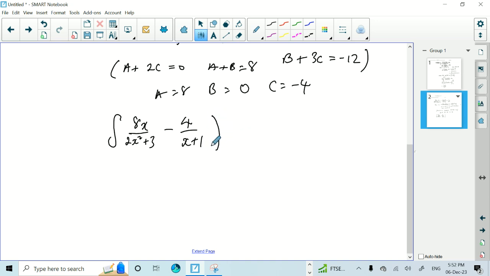Put that in brackets, dx, which will give us 2 natural log of 2x squared plus 3, minus 4 natural log of x plus 1.